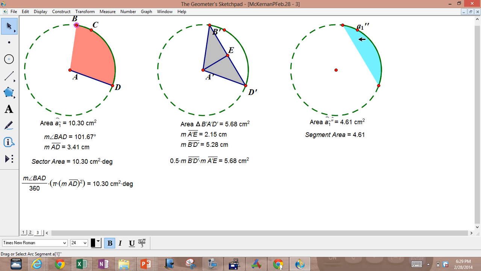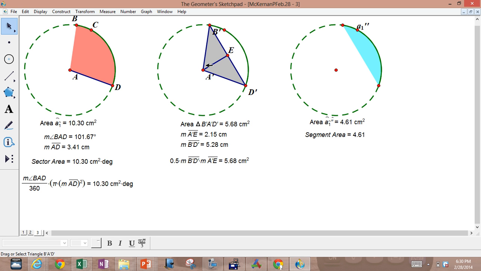We said, well, how can you get from the area of the sector to the area of the segment? And we reasoned that you have to remove the area of the triangle. So you have to form the triangle. How do you form the triangle? You draw the triangle whose one side is the chord, and then we drew a segment from the center of the circle perpendicular to the chord, which in fact split the chord in half.